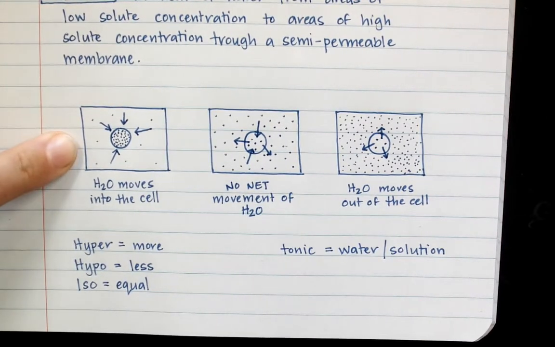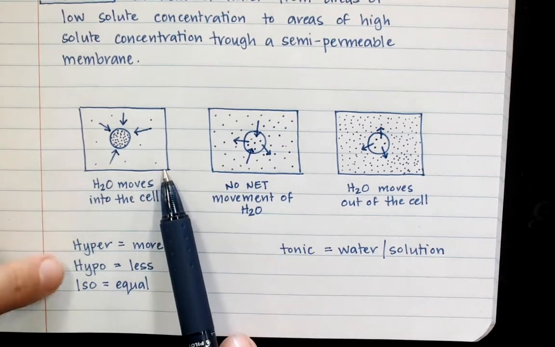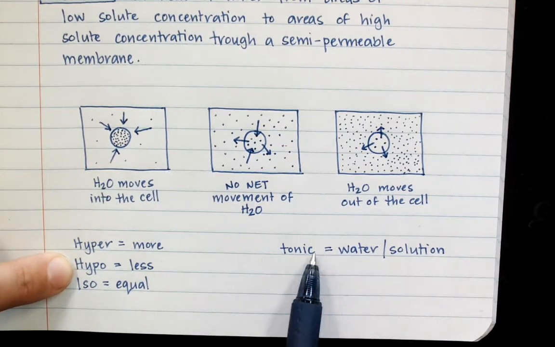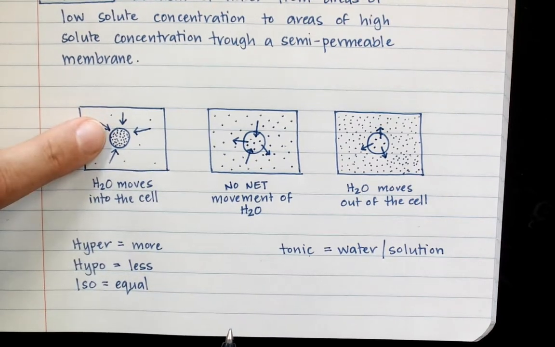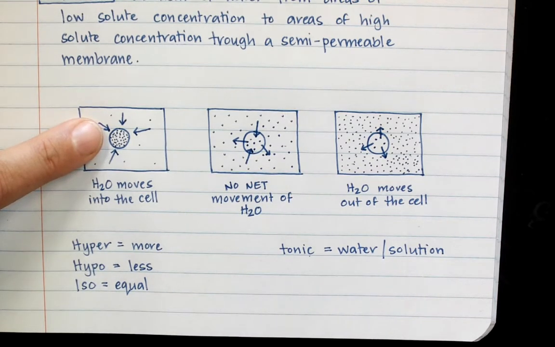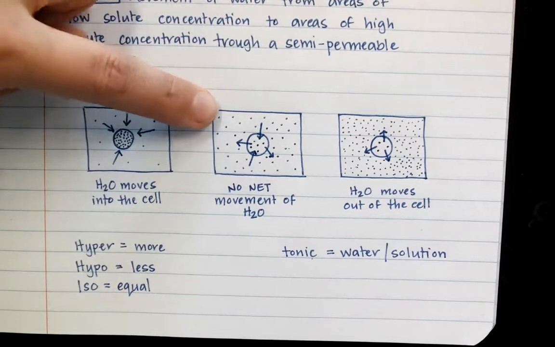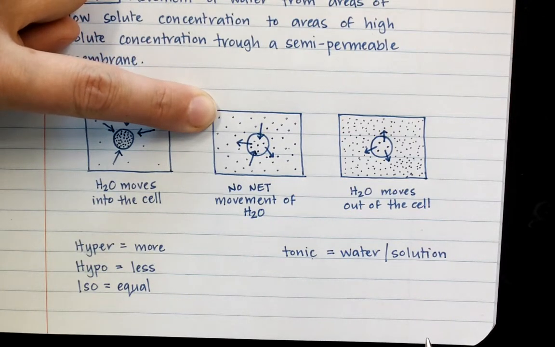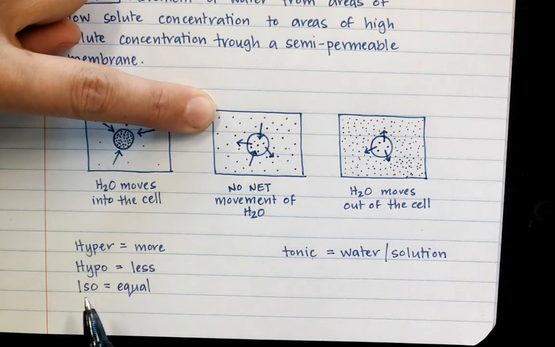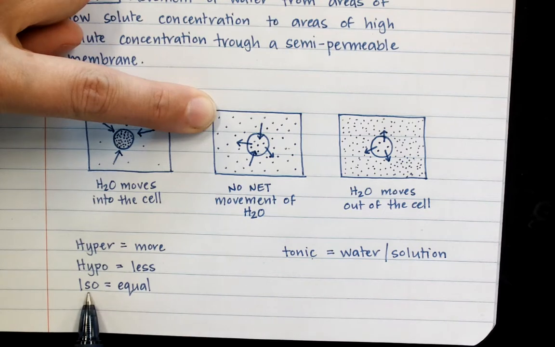So here, the cell is in a solution that has less concentration of glucose. So we would say that this solution is hypotonic. There's less glucose than inside of the cell. So the cell is hypertonic to the solution. Here, my cell and my solution that the cell is in are isotonic.